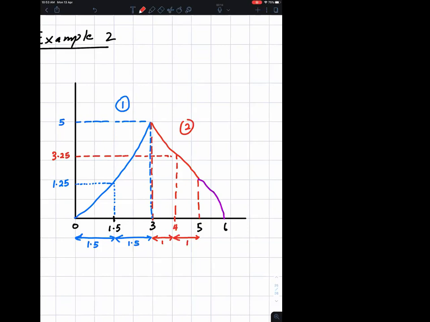Okay. So at 5, again, you project a horizontal line, and let's say the value is around 2.5. Okay, at this point.